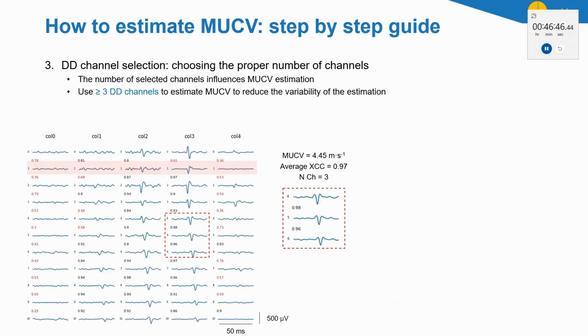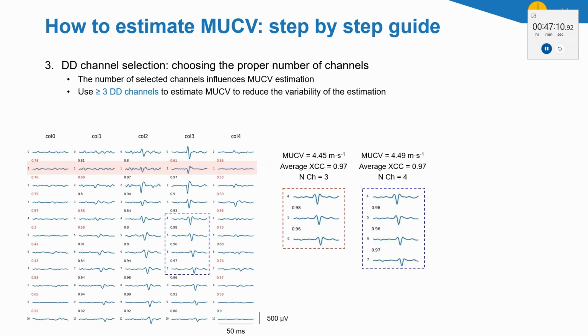Also, it is important to note that the number of selected channels influences conduction velocity estimation, and this is very important. Let's see what happens if, for the same motor unit, we simply alter the number of channels over which we estimate conduction velocity. Here we have 3, average cross-correlation very high, 0.97, 4.5 meters per second.